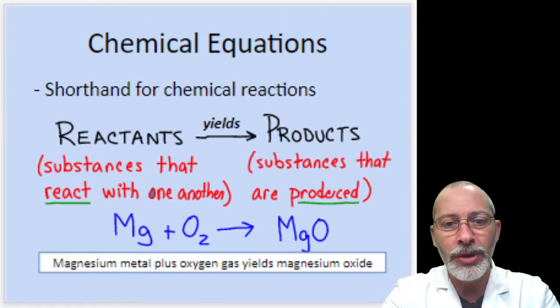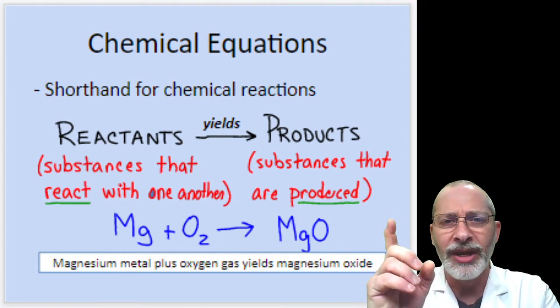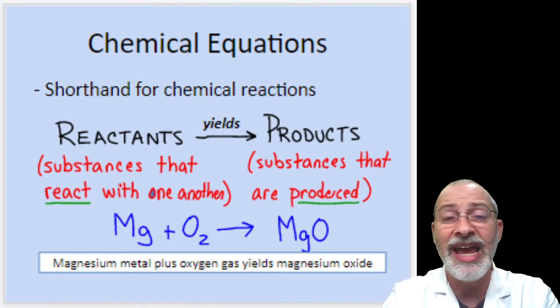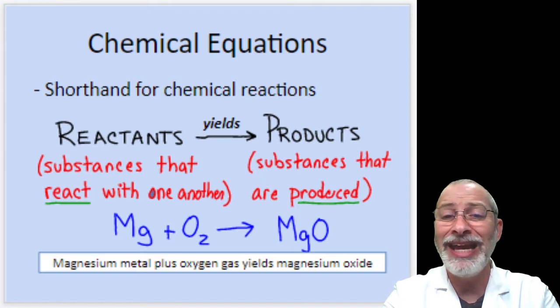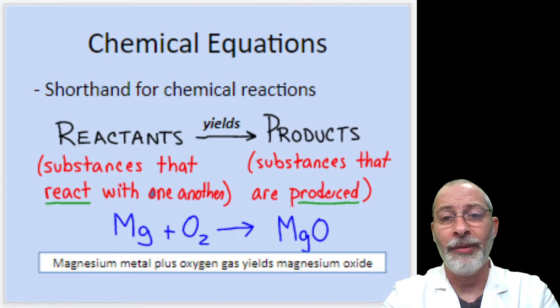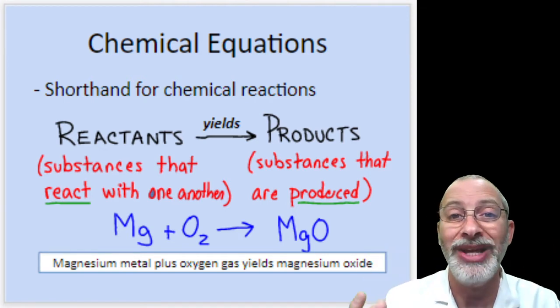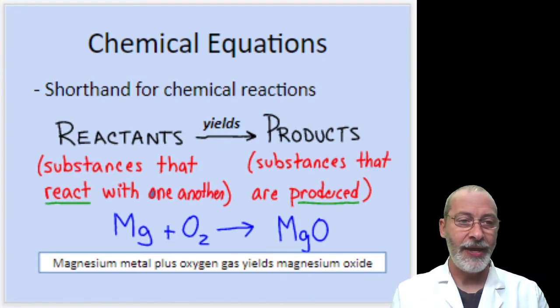Not everyone in the world speaking a different language could understand these words. A chemist or a scientist in any country speaking any language would totally understand the chemical equation. It's a universal language, you might say.